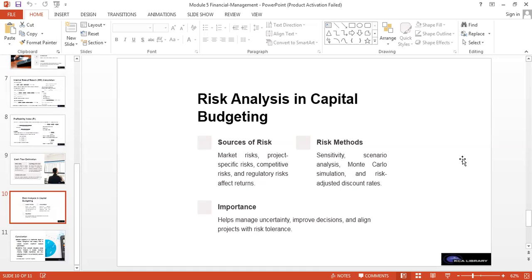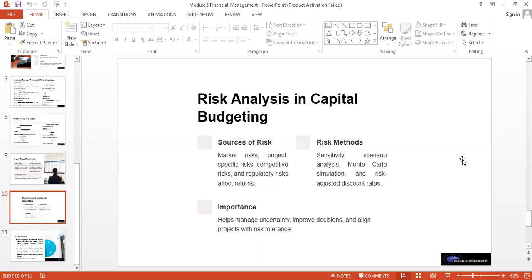What are the risk methods that we have? We have the sensitivity method of analyzing risk, scenario analysis, Monte Carlo simulation, and risk-adjusted discount rate. These are the risk methods that we have, and they are also in the notes.